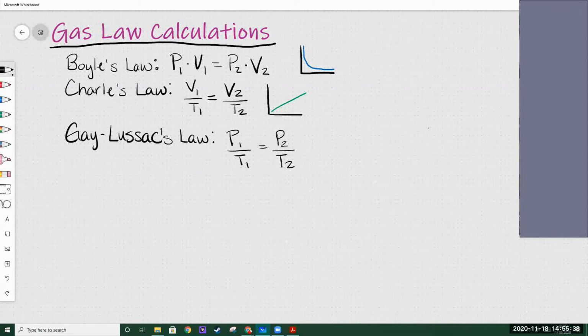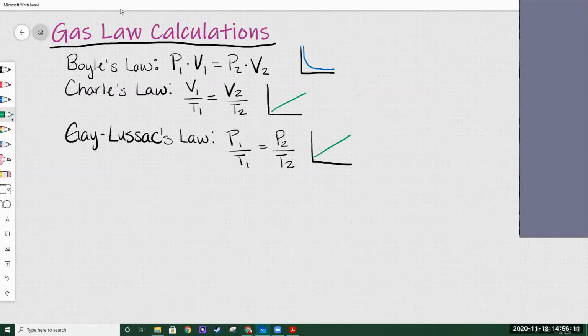And again, pressure and temperature are directly proportional. So when temperature goes up, pressure goes up. When temperature goes down, pressure goes down. So we would see the same type of graph as Charles. When one goes up, the other goes up. When one goes down, the other goes down.